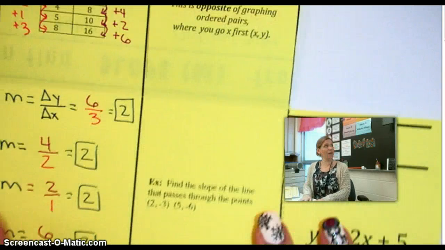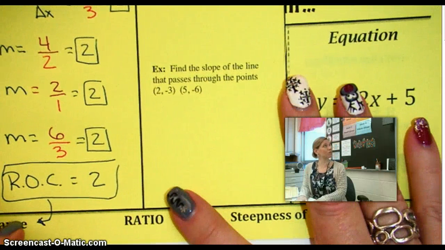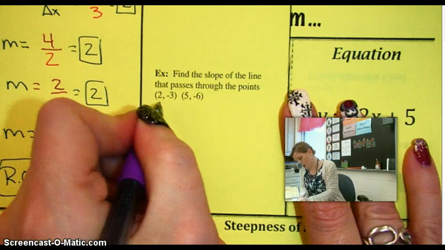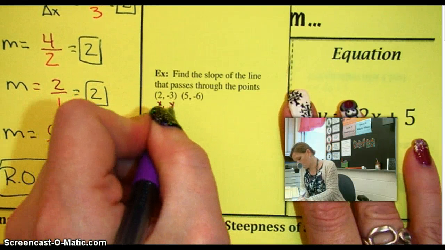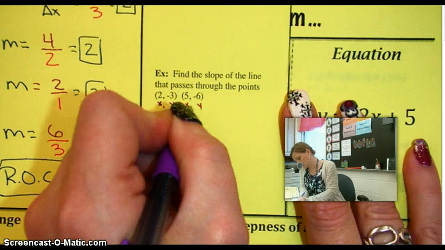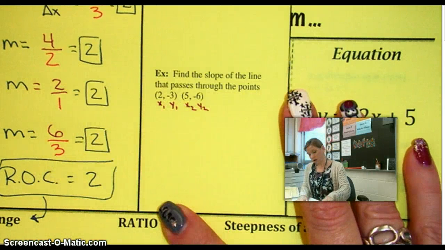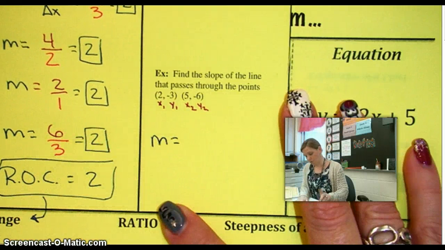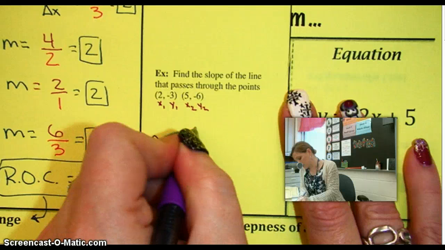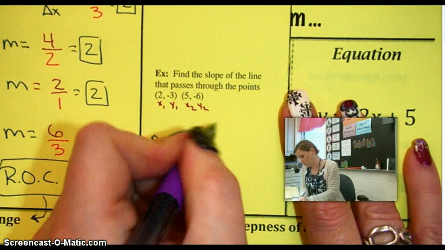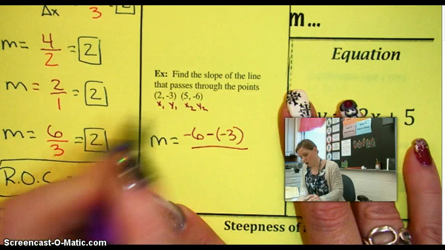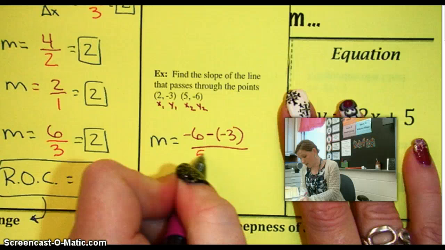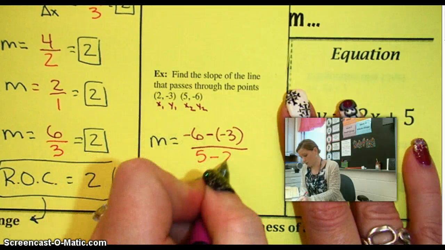And let's go ahead and do an example so we have something to look back to when we're doing our practice. So our slope is, this would be our x1, y1, our x2, y2. So now let's just do the math. Slope equals y2, so the second y is -6, subtract the first y, which is -3, all over x2, which is 5, and x1, minus 2.